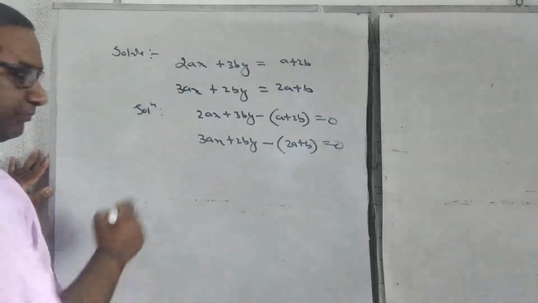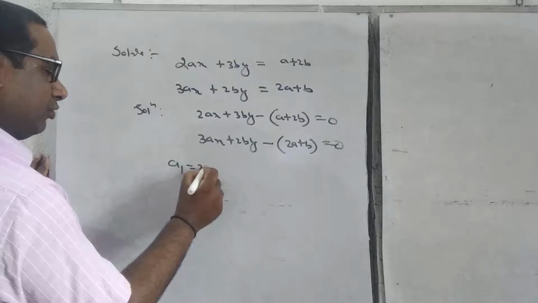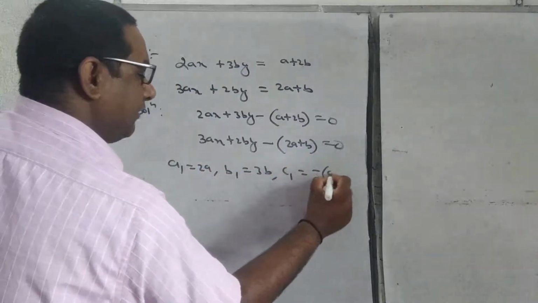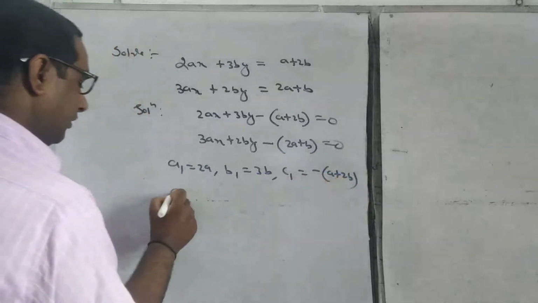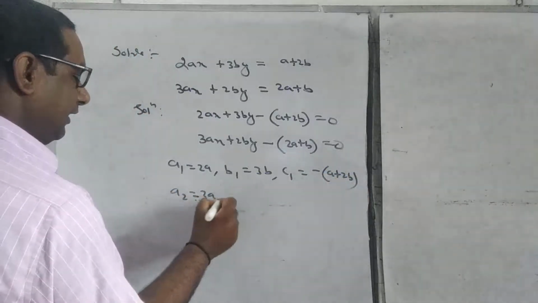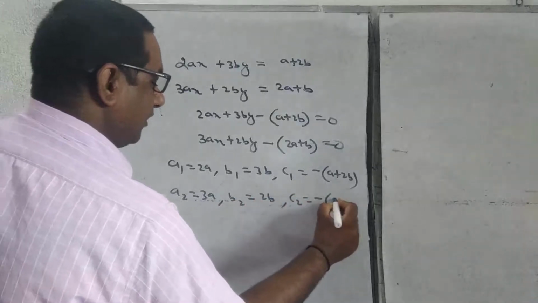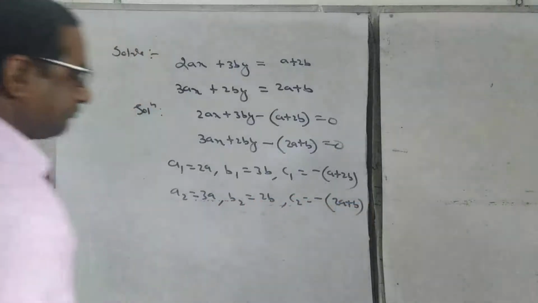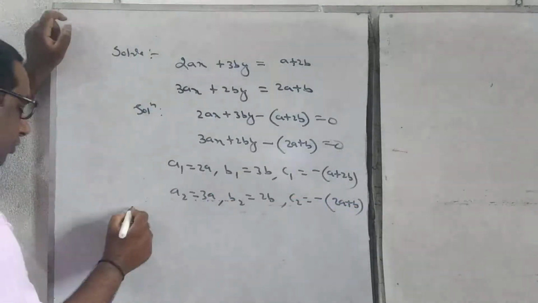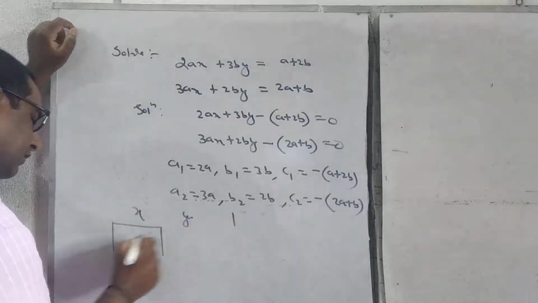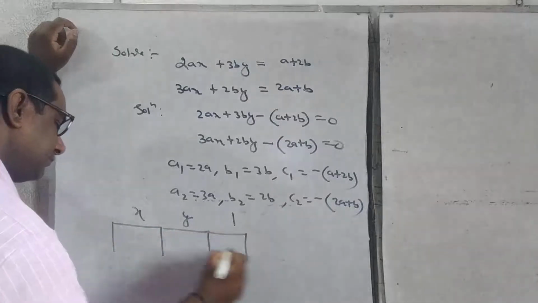So here a1 is equal to 2a, b1 is equal to 3b, c1 is equal to minus (a plus 2b), a2 is equal to 3a, b2 is equal to 2b, c2 is equal to minus (2a plus b). So how can you move again? x, y, 1 cross multiplication method.